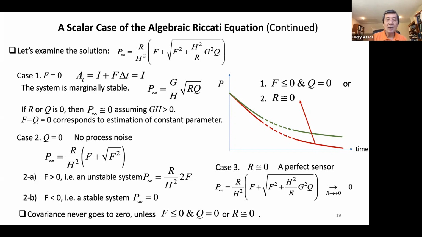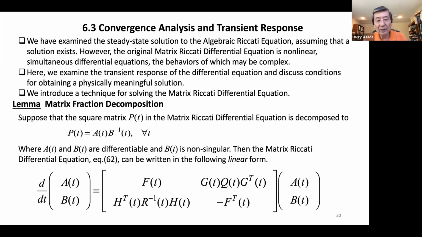Now I'd like to move on to more challenging, mathematically intense material. We'd like to solve the Riccati differential equations. We have examined the steady state solution to the algebraic Riccati equations. However, the original matrix Riccati differential equation is nonlinear, and it is a matrix of simultaneous equations.